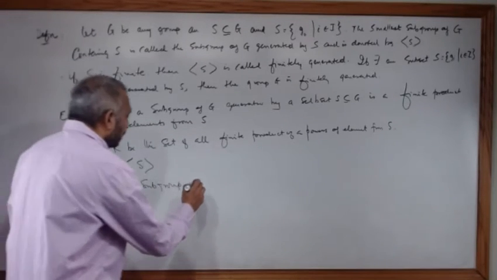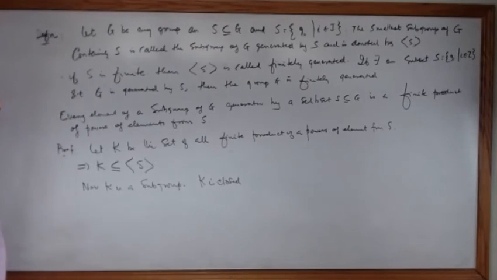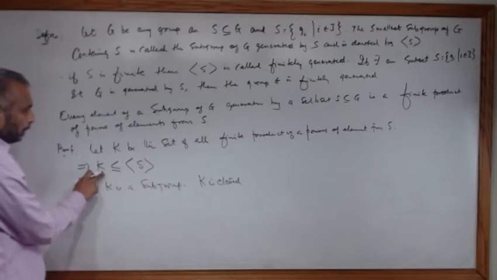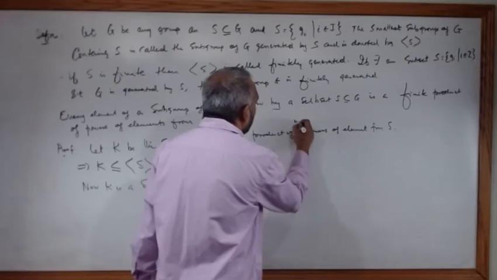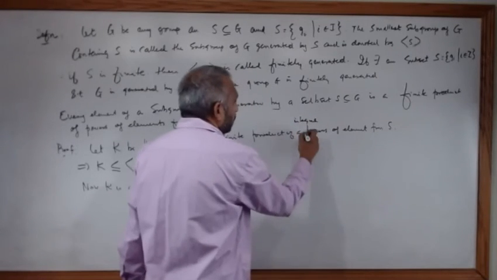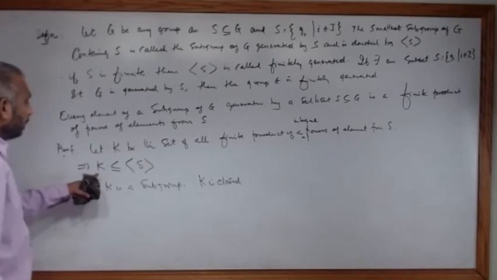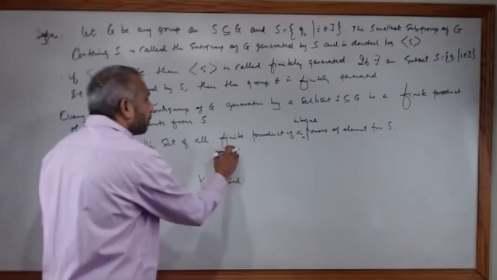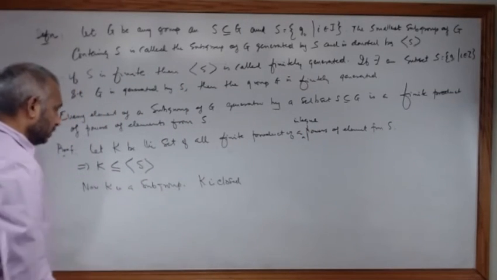So now K is a subgroup. That is clear because K is closed. Why? You need to say product of integral powers of elements. So K is closed because if you take two elements from here, the product of two elements will again be a finite product of integral powers of elements. So K is closed.